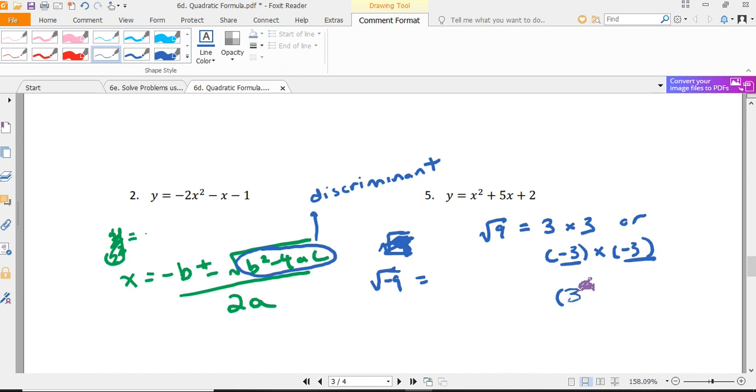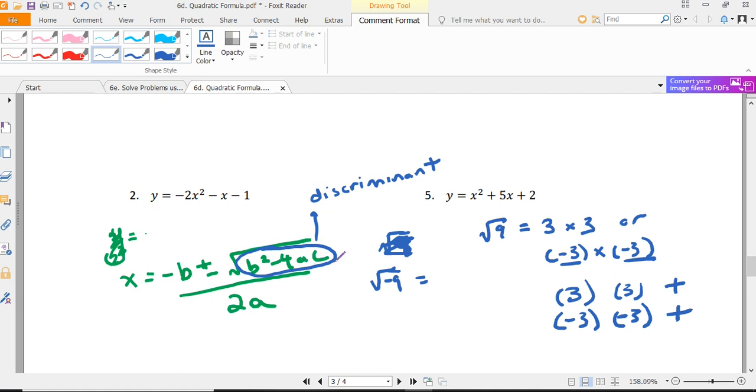Whatever the number is, let's say it's a positive 3, itself would be again a positive 3. Both signs would be the same, I'll end up with a positive. If it was a negative 3 multiplied by itself, 2 negatives will also give me a positive. So it would be impossible to find the square root of a negative number.